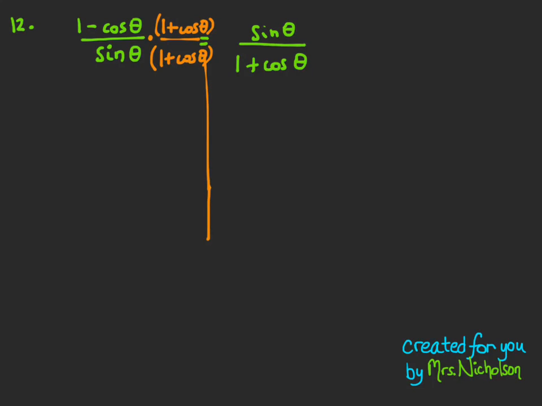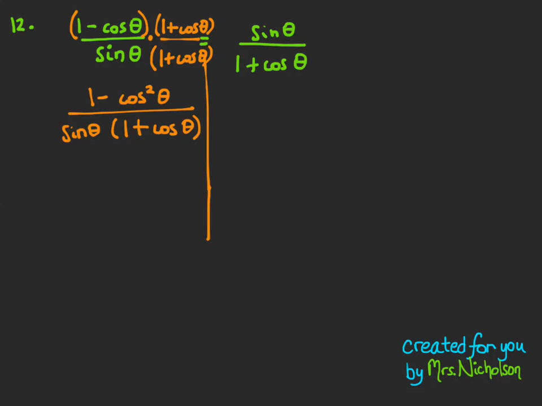The reason that I chose that is because I have 1 minus cosine theta, and if I multiply that times 1 plus cosine theta, notice it's the same terms, but one's minus and one is plus. So when I multiply that out, it's just going to be a difference of squares, 1 minus cosine squared theta. And in the denominator, I'm just going to leave that as sine theta times 1 plus cosine theta.